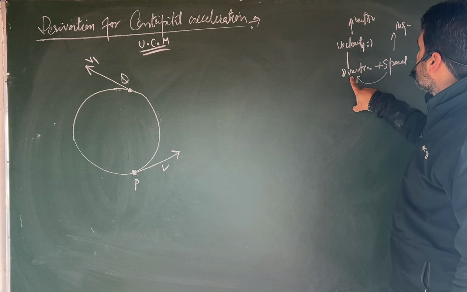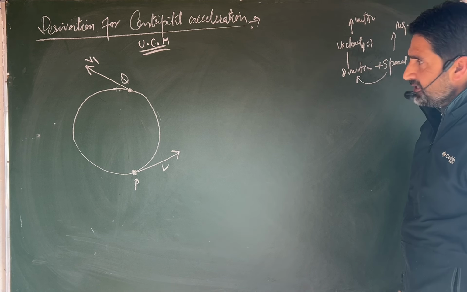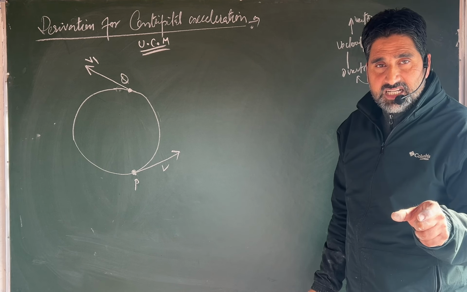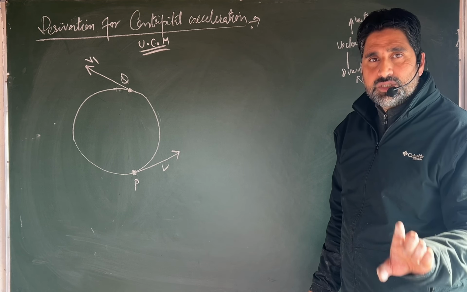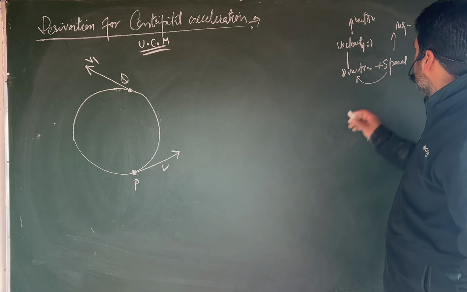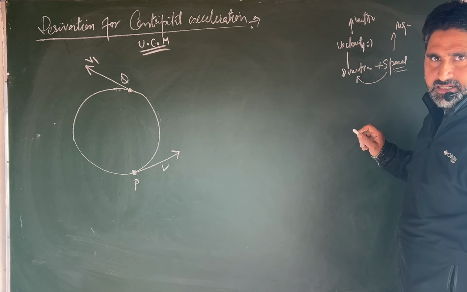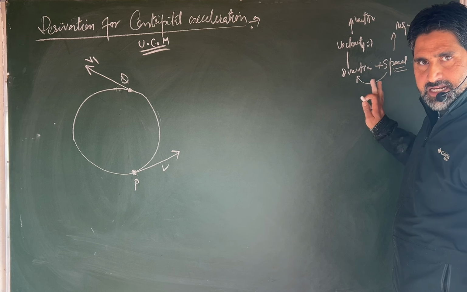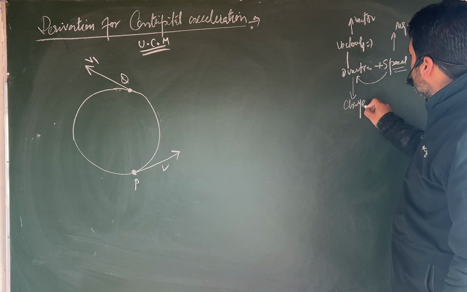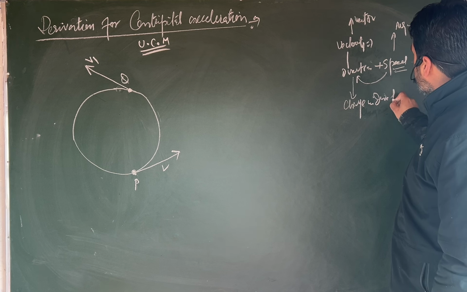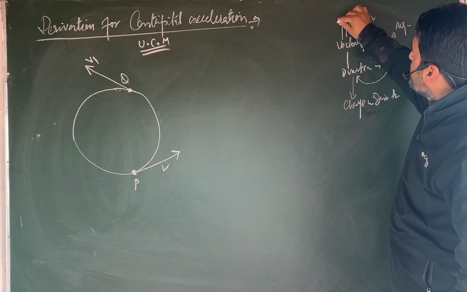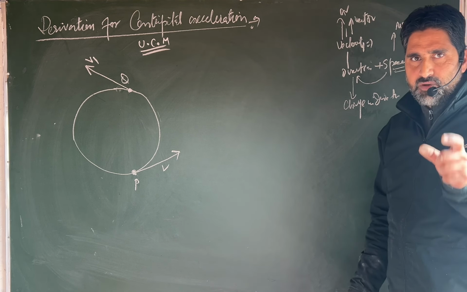But I said uniform circular motion, and we know when velocity is constant, acceleration is 0. But in this case, it doesn't work here. Here, speed is constant, but at every point there is a change in direction. This change in direction causes the velocity change, and that gives the acceleration. This is a very important point, remember it.